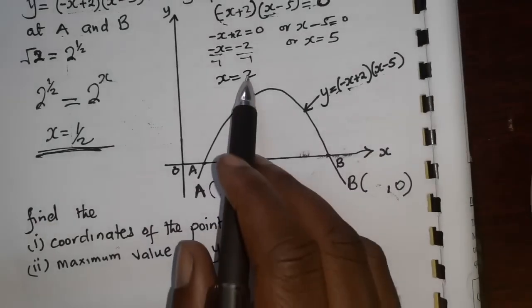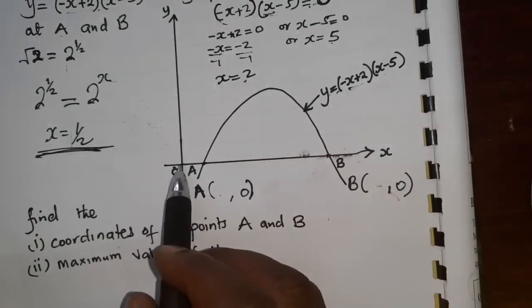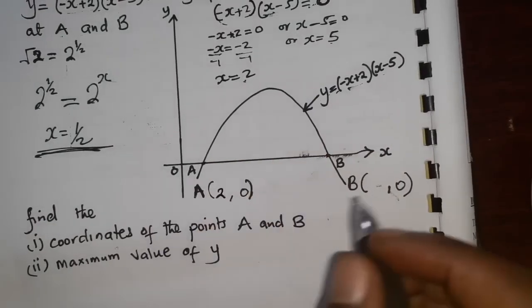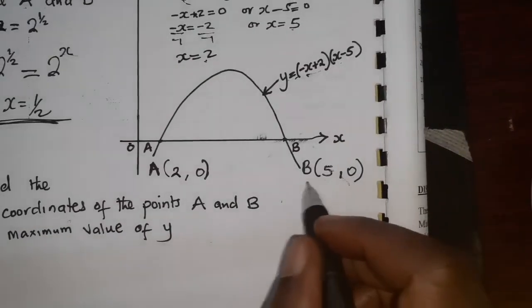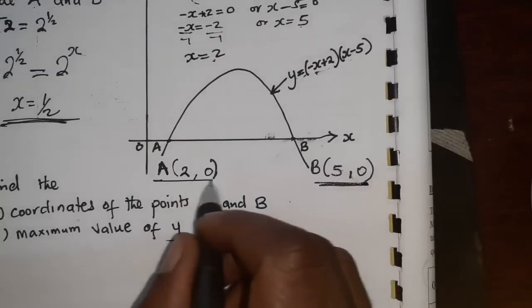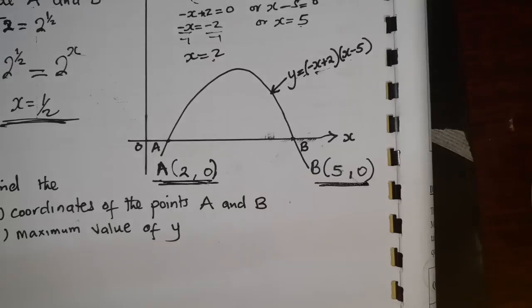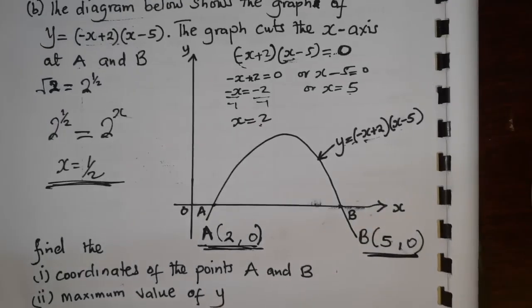Now, we have 2 and 5, but you know that from 0 we start with 2 before we go to 5. So these are the coordinates of these 2 points. I hope that is clear.